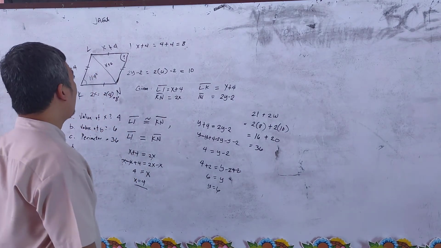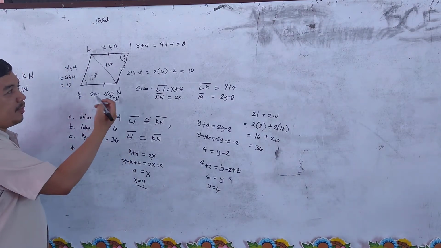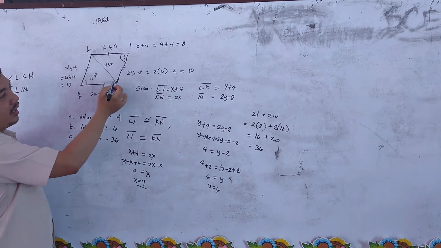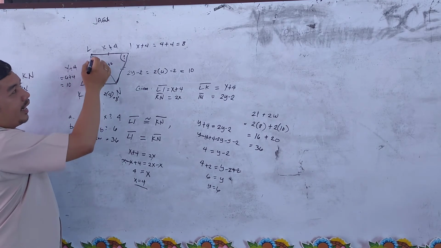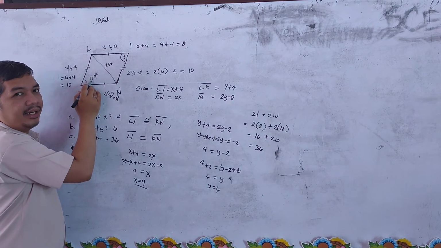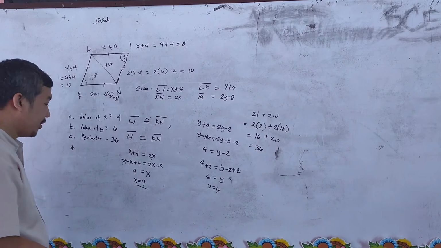So, dito, this is following property number 3. Sinasabi doon sa property number 3 na ang katabi na angle ay supplementary. So, pag sinabi natin supplementary, ano nga yun dyan?